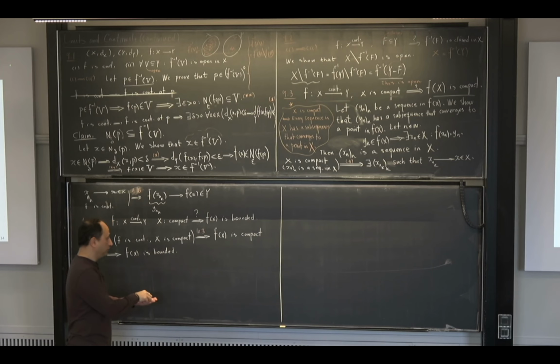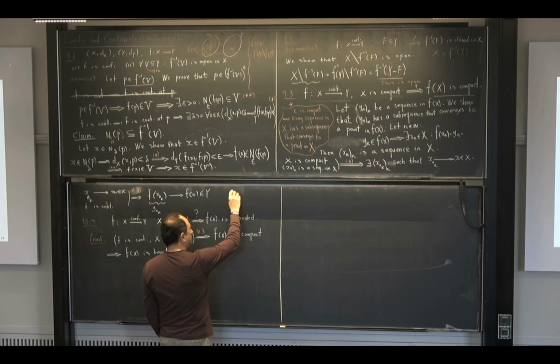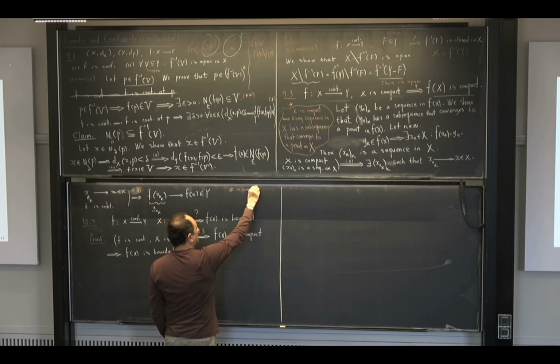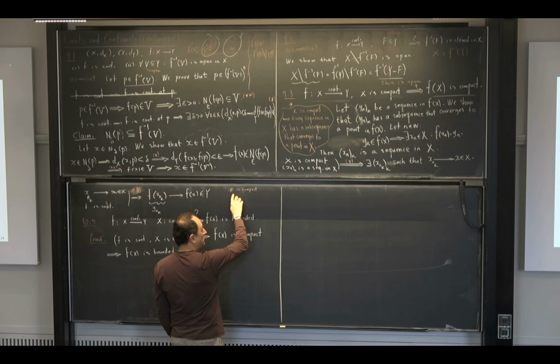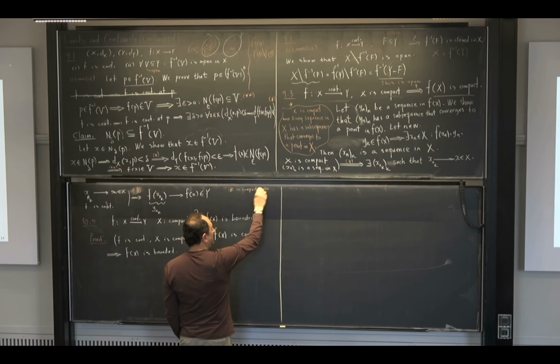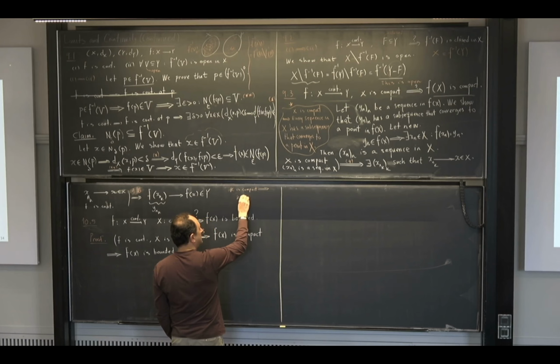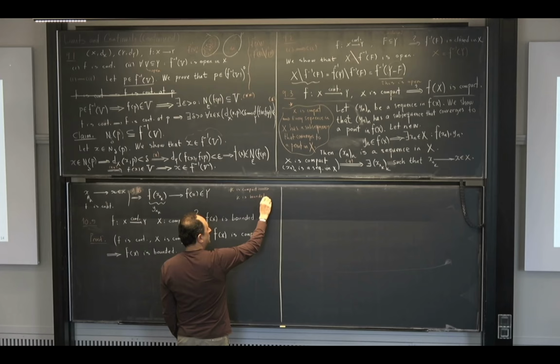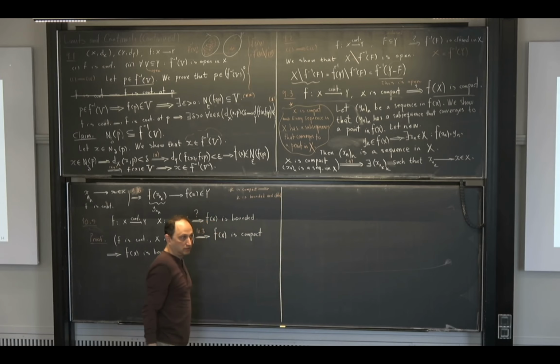Yes, let me repeat for you here. So if K is compact, so this is one of the important themes actually for this course. If it is compact, then K is bounded and closed. Okay?